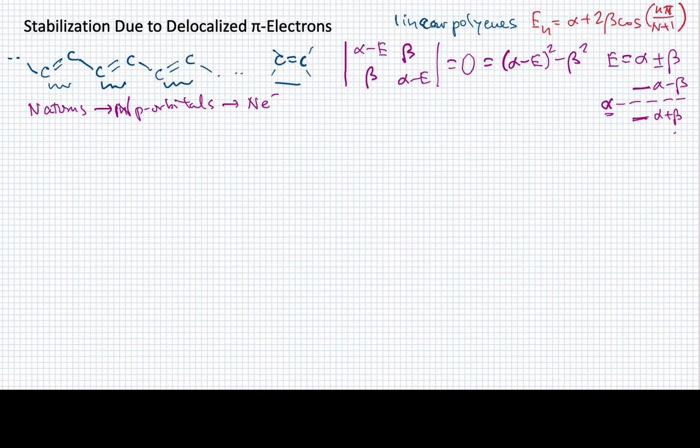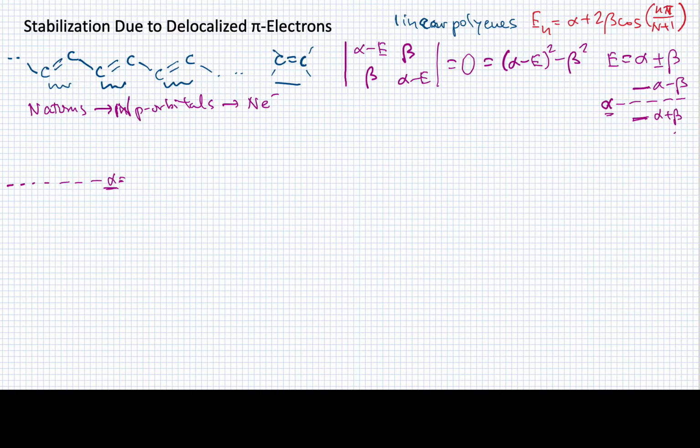All right, so when we begin putting these orbitals together for a linear polyene, again I'm going to draw the same sort of figure that I drew over here with alpha being the midpoint. This alpha represents the non-bonding level for these various p orbitals in this chain.